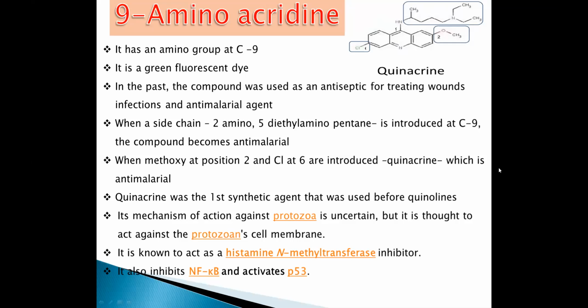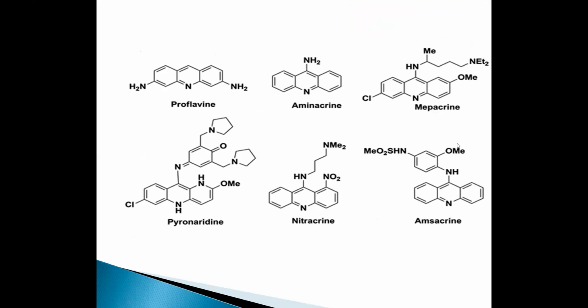Here are some examples of acridine derivatives. One is proflavin. Next is aminacrine, that is 9-aminoacridine. Then mepacrine, which contains a side chain; mepacrine is nothing but quinacrine. Then pyracrine, then nitracrine. In nitracrine, the two amino groups are separated by a propyl.